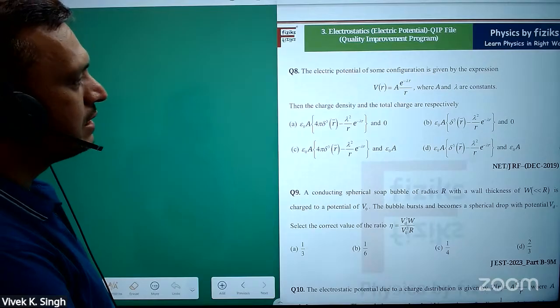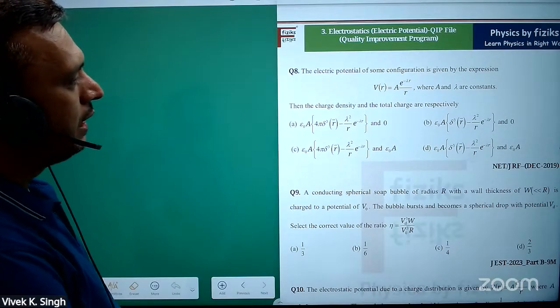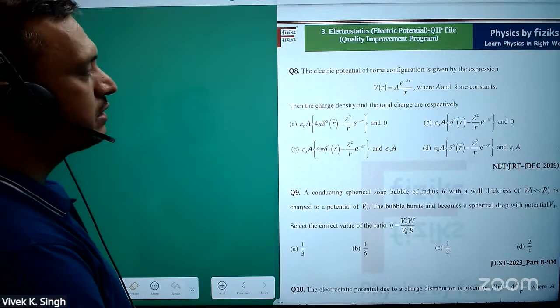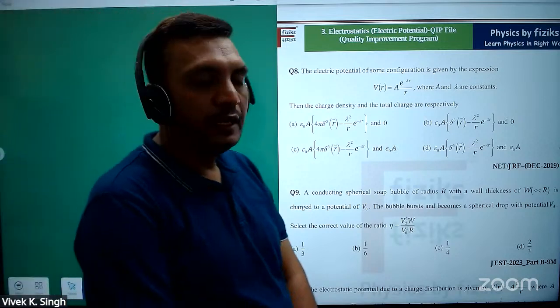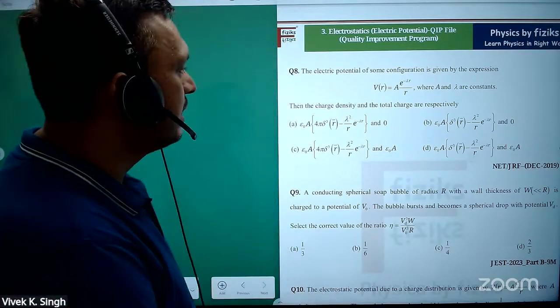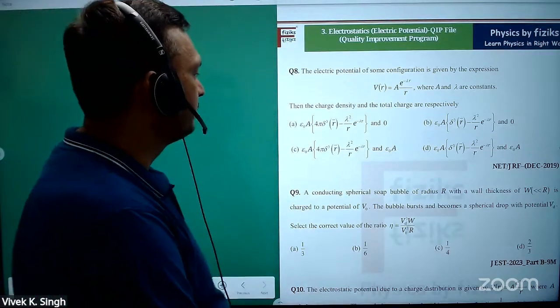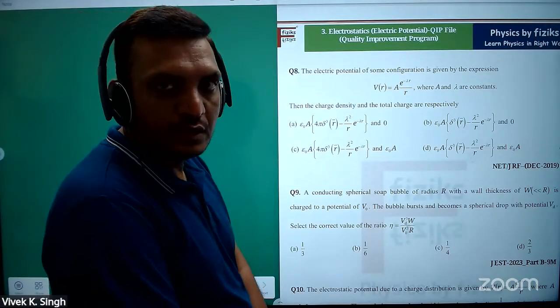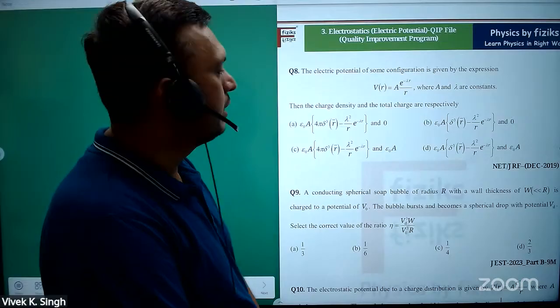The charge density and the total charge are respectively. Now the potential is given and you have to find the charge density and the total charge. So if you know the electric field, then you can use the differential form, divergence E is rho by epsilon naught.